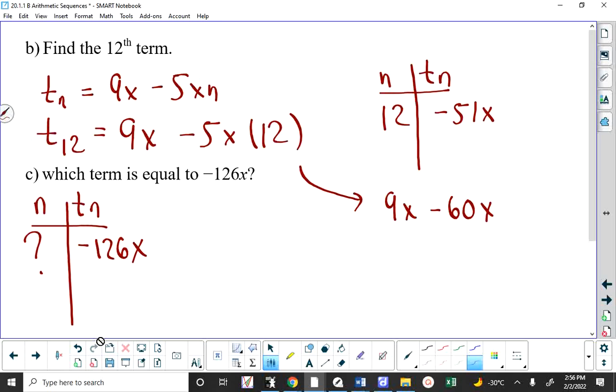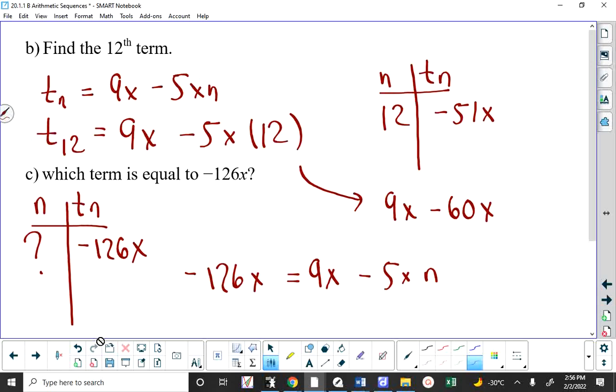What's interesting here is you might be a little confused by this, because if I put negative 126x up here for Tn, let me write it out. Negative 126x equals 9x minus 5xn. So I've just replaced Tn with negative 126x.